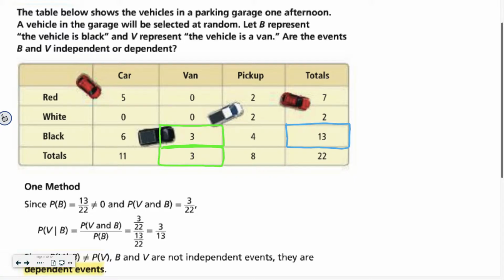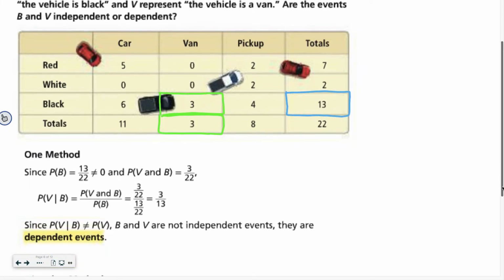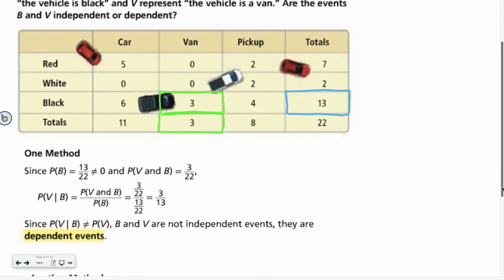So if we want to know whether these are independent or dependent: if I picked a van, doesn't that also mean I picked a black car, right? If I just think about that logically, not even looking at the math down at the bottom, if I pick a van, I automatically pick a black vehicle. Therefore, these two things are not independent, right?